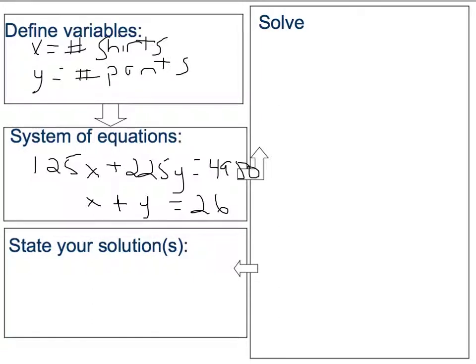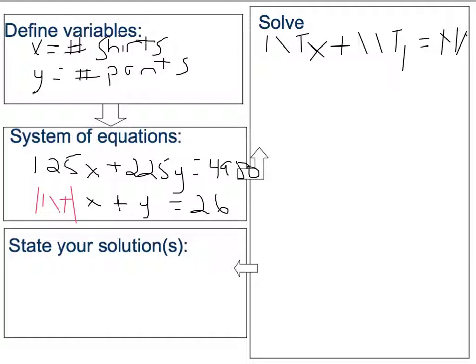Okay, so we see that we need to multiply by something in order to eliminate here. Okay, so I am going to multiply this whole row by 125. You could have multiplied everything by 225 as well. So my two new equations then, first one is the same, 125x plus 225y is equal to 4,950.